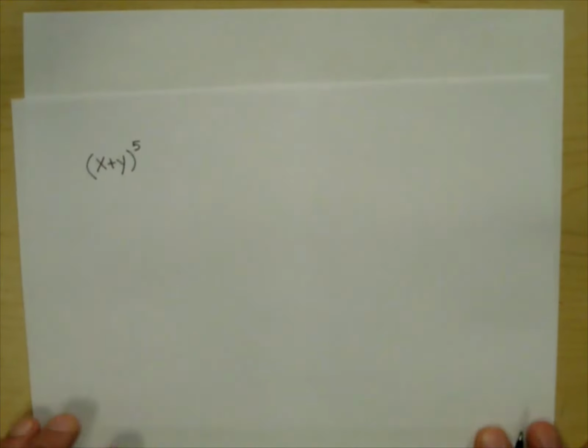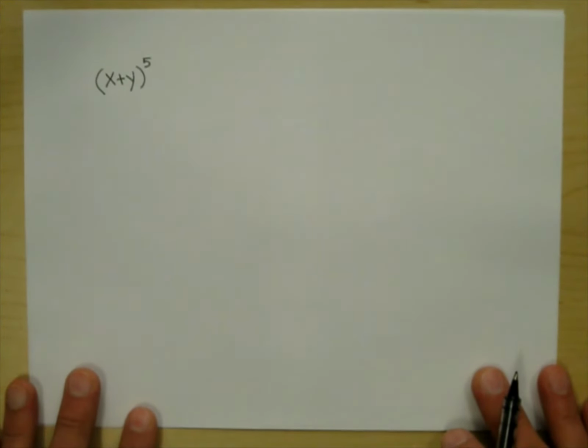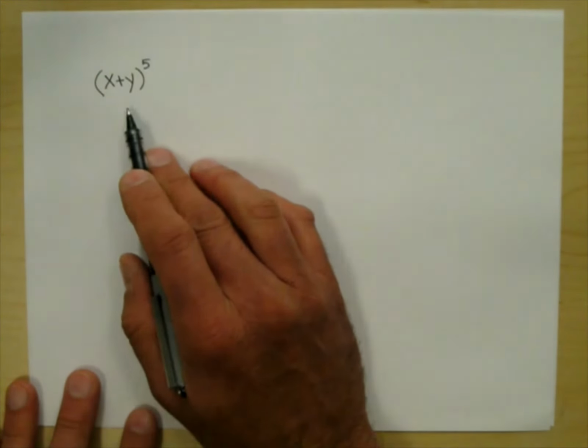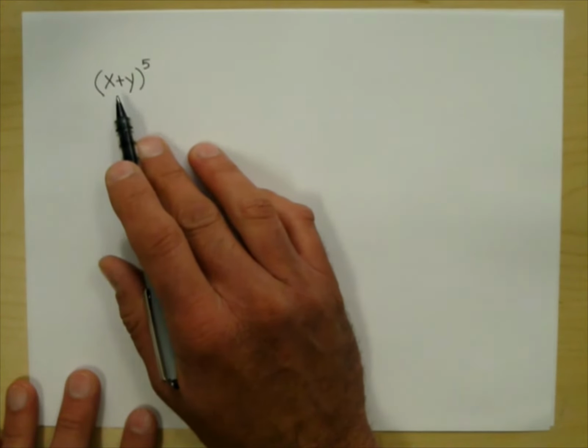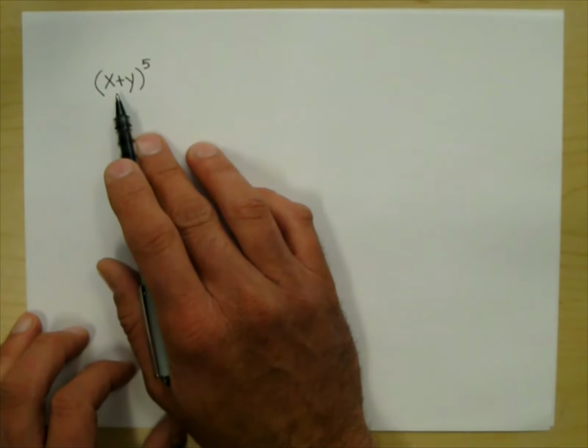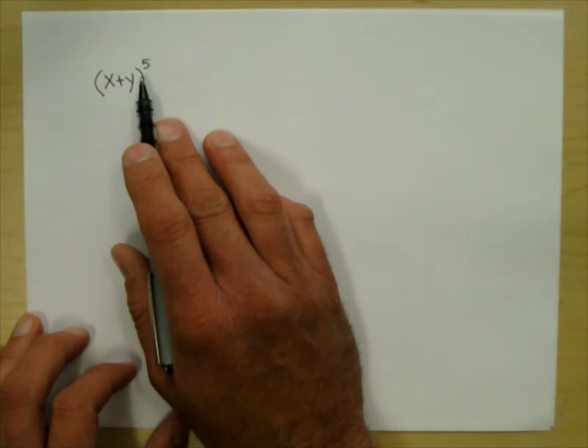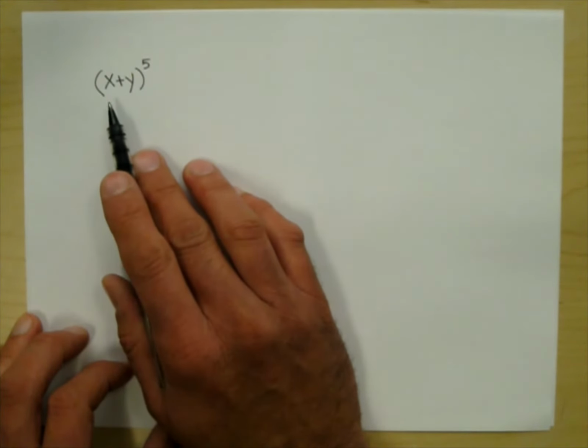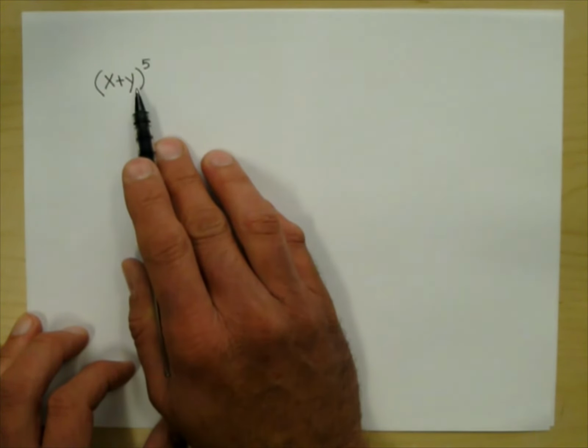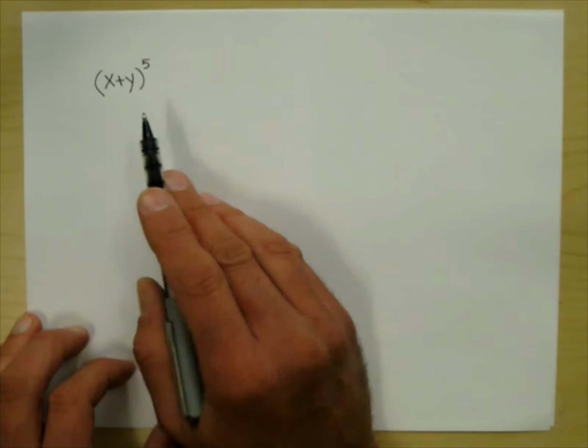Let's go to our next problem. Actually, I'm not going to number this problem because it's just something maybe we should know how to do. How can you go x plus y to the fifth? Well, some of you might guess you can go x to the fifth plus y to the fifth, which is actually incorrect.